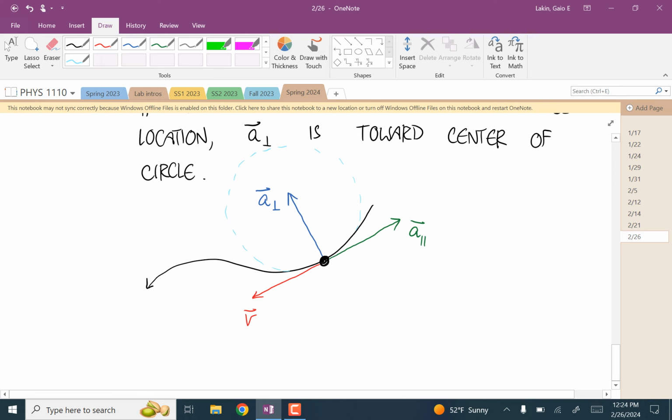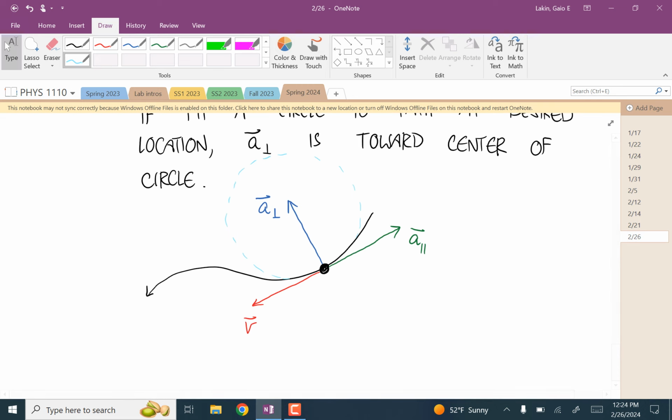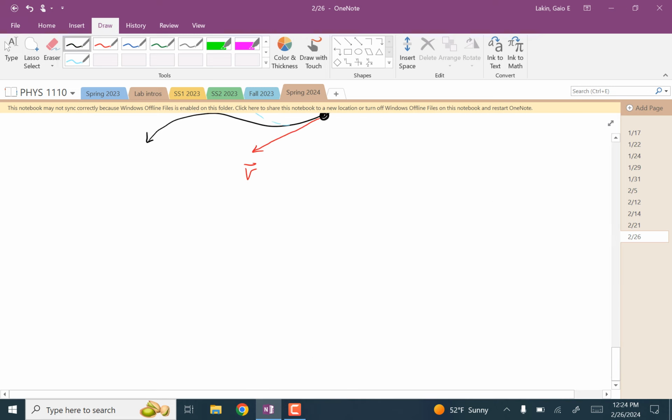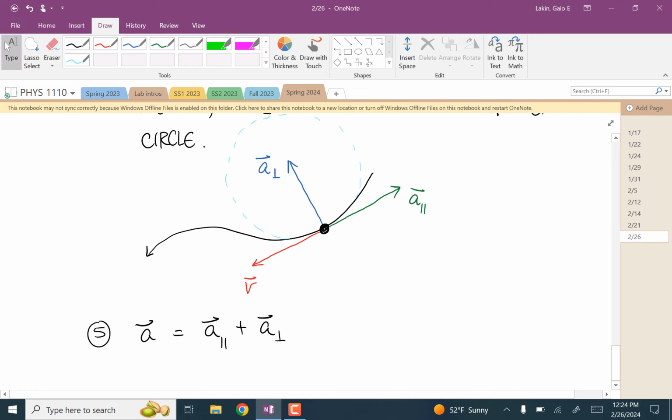And then the last step is the total acceleration is the sum of these two parts. It's the sum of the parallel part and the perpendicular part. Well, notice that we know the directions of A perpendicular and A parallel, but we don't know the magnitudes.